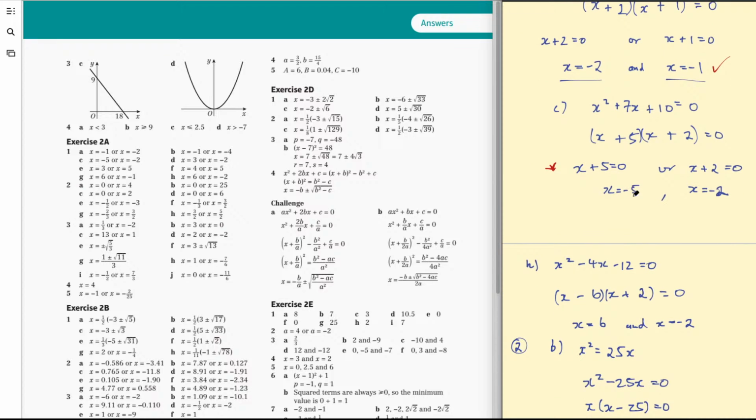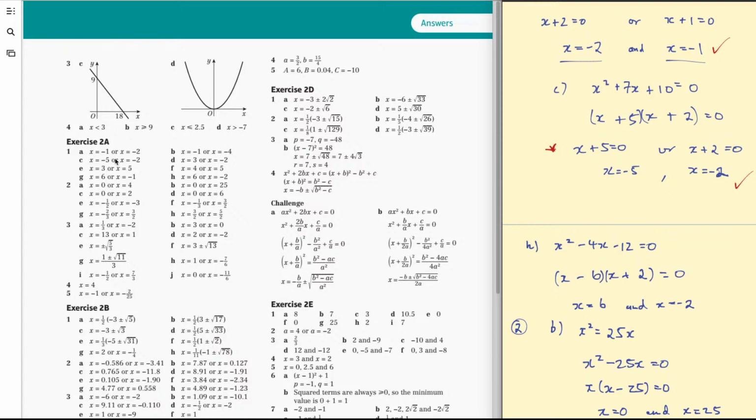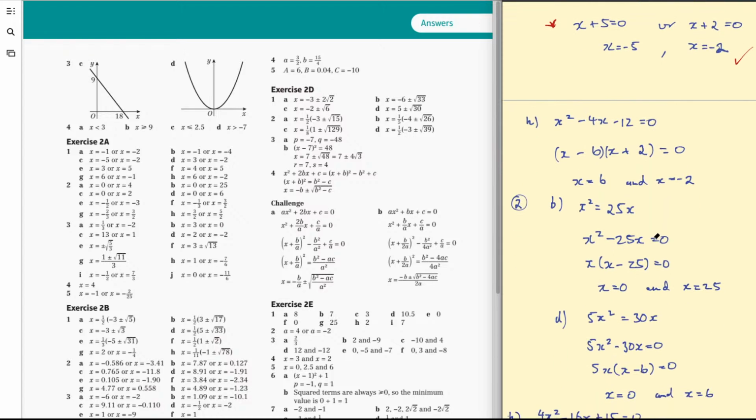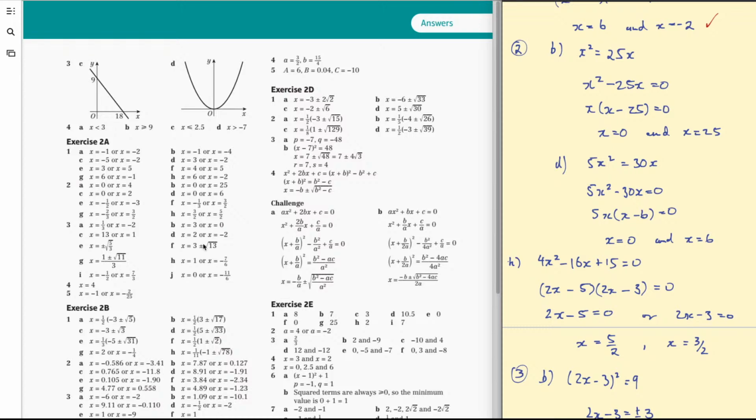C was -5 or -2. Oh, so they say or in their answers. So I've been writing and, so that should be or. I'm not sure it really matters. H was 6 and -2. 2b was 0 and 25. So I'm looking over here, by the way, for the answers.